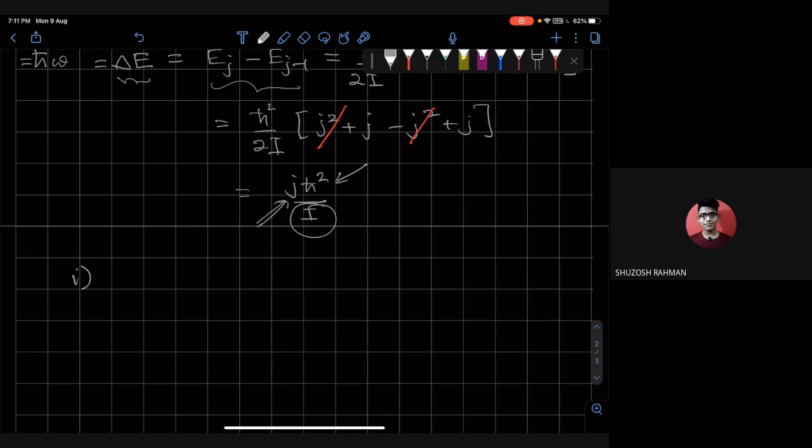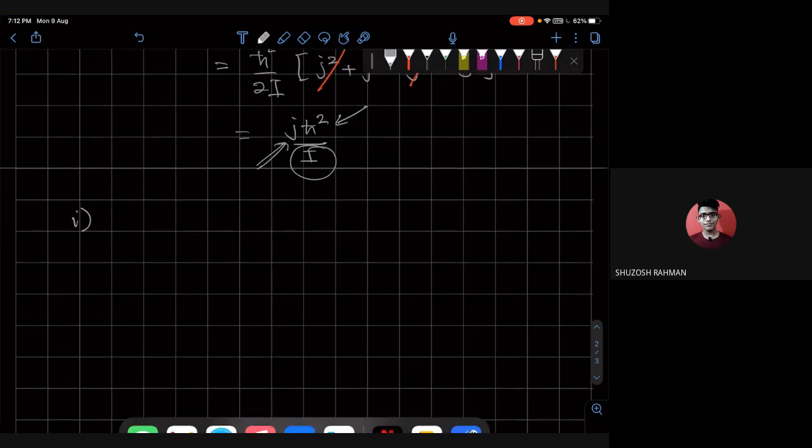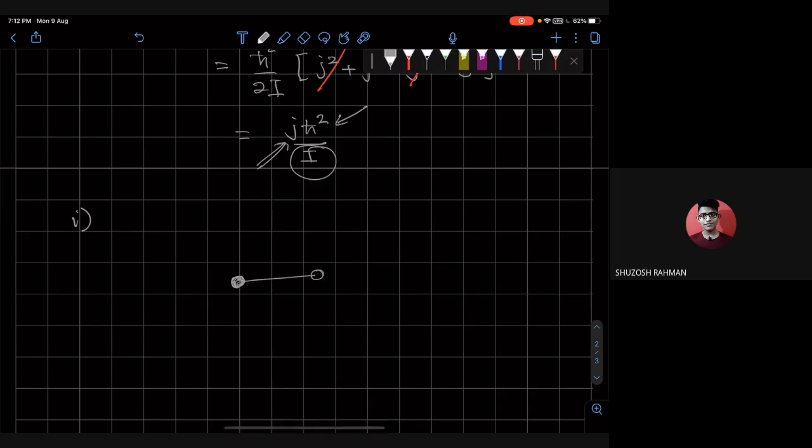So when they say non-rotating, what does that mean? That means that the rotation level is very, very small, right? So if I take a carbon monoxide molecule, this is the carbon and this is the oxygen, I have to find out what this distance is.